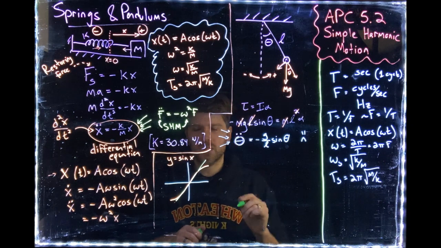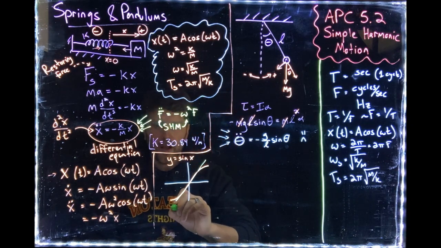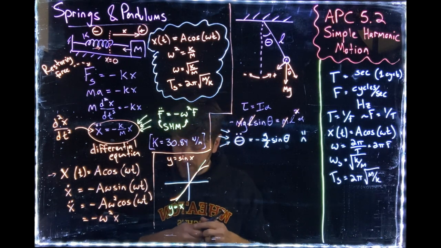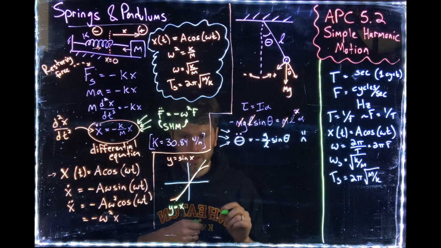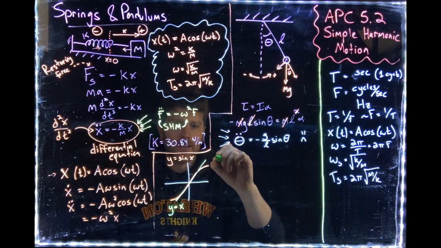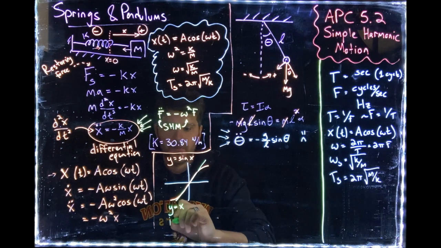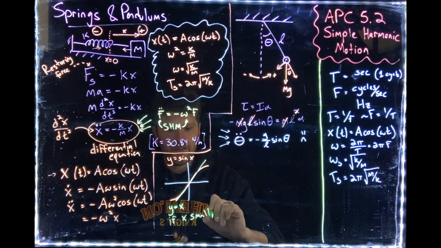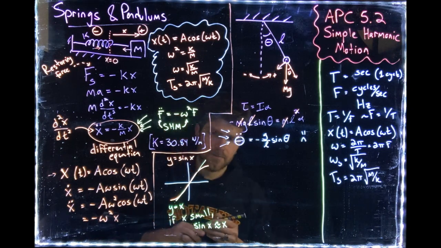Very, very close to the origin, y equals sine x looks a lot like y equals x. And in fact, you can graph them yourself and zoom in. We can make a pretty good assumption that as long as x is small, sine x is approximately equal to just x.